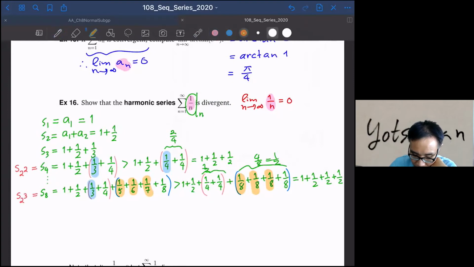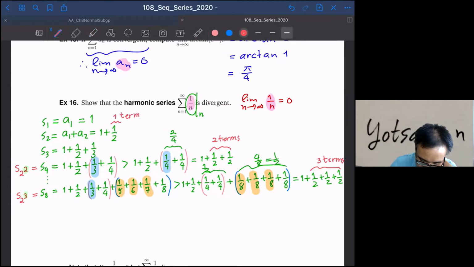And the index here, 2 and 3, turned out to be the number of terms that we also have here. So it's going to be 2 terms, and this is going to be 3 terms, and this turned out to be 1 term.